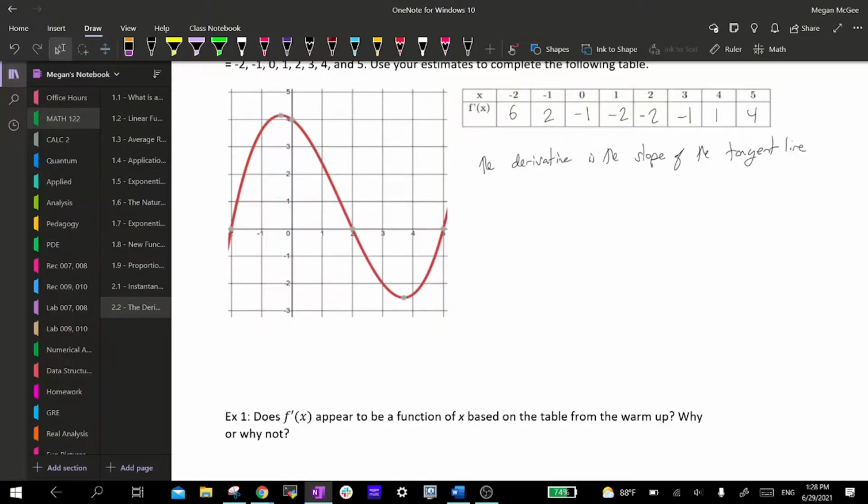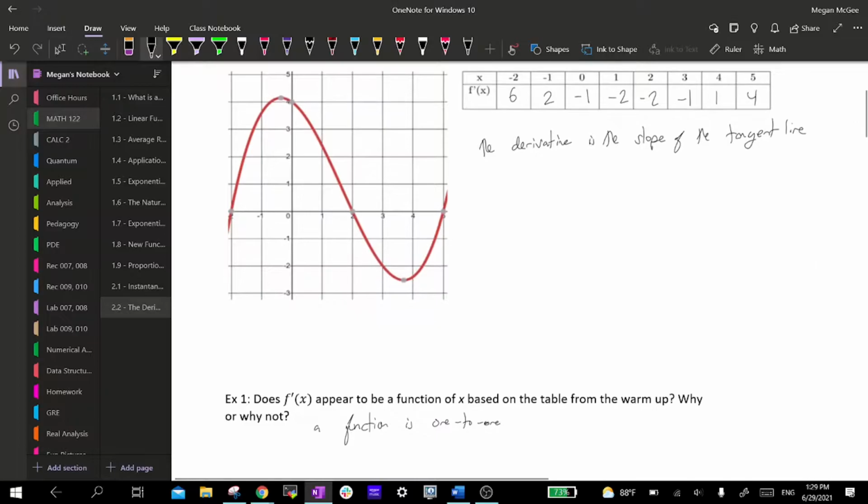And remember, one of the important things was that a function is one-to-one output, meaning we couldn't have one input give us two different outputs. That doesn't make any sense. We can only have one output for every one input.